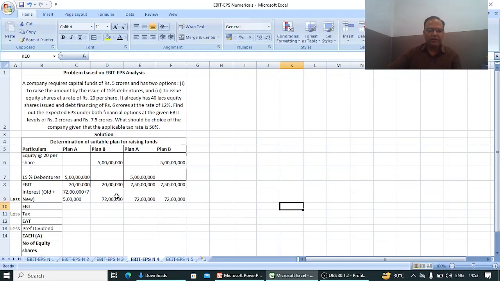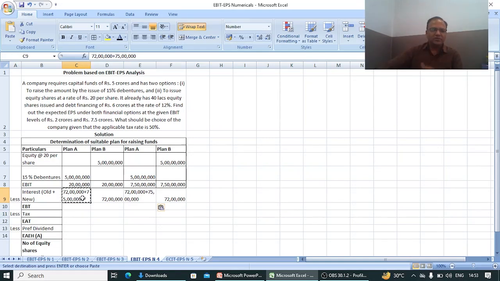Here 72 lakh, again 72 lakh plus 75 lakh. I think it's clear to all of you.